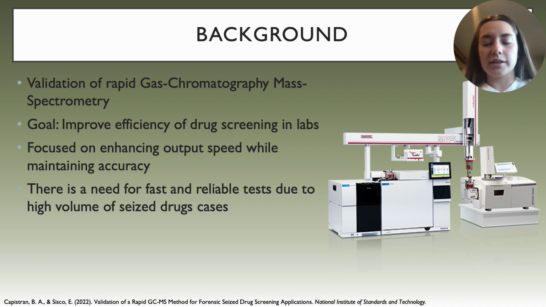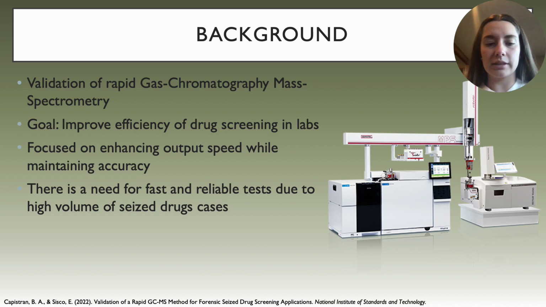So the study that I chose, a little bit of background on it: I chose the validation of rapid gas chromatography and mass spectrometry, and that's a picture of it over there. I'll be referring to it as GCMS later. And so the overall goal of this validation study was to improve the efficiency of drug screening in labs, thus gaining quicker and accurate results.